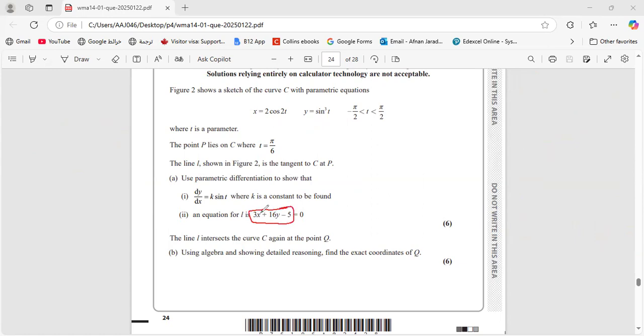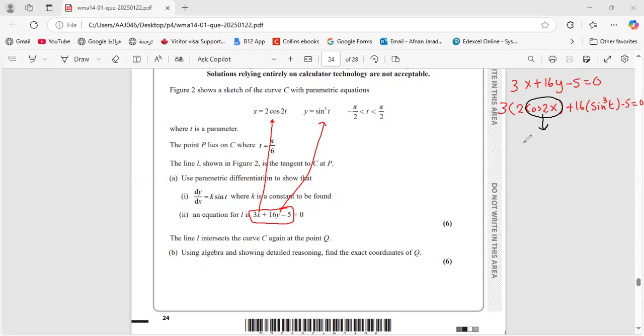You will substitute instead of x, 2 cosine 2t, and instead of y, sine cube t. So 3x plus 16y minus 5 equals to 0. Substitute instead of x, 2 cosine 2t, and instead of y, 16 multiplied by sine cube t, minus 5 equals to 0. Now you have sine cube and you have cosine 2t.